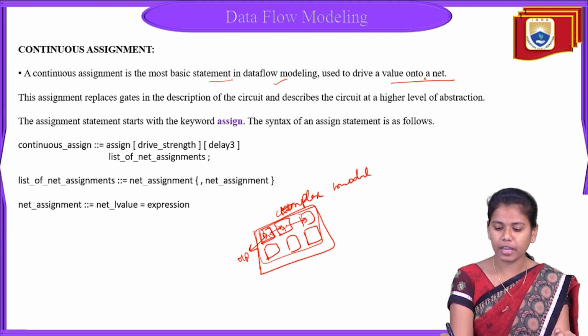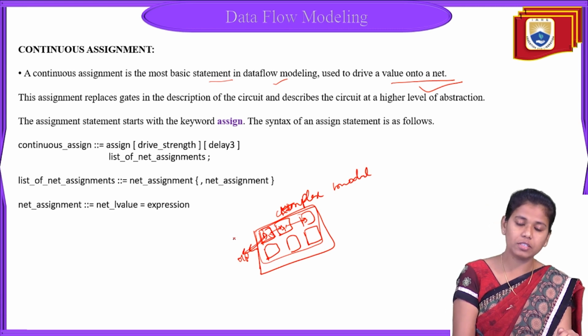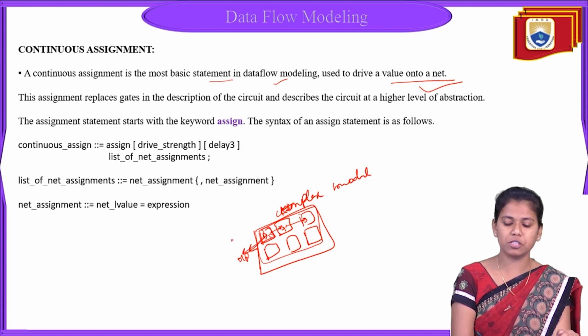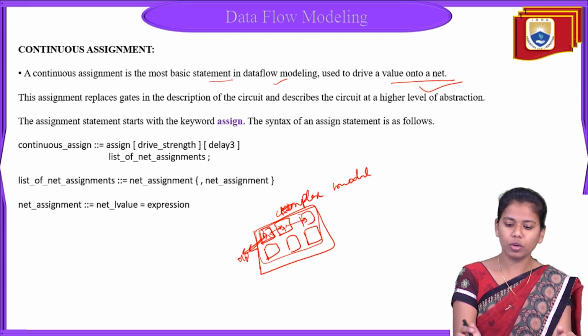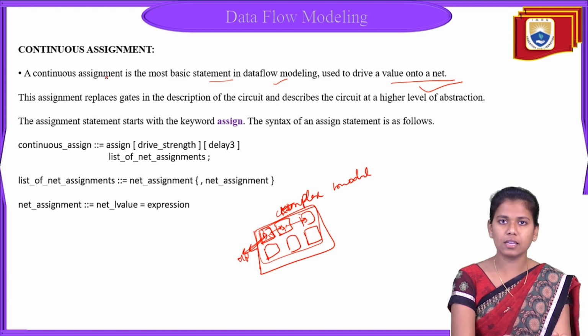It is used to drive a value onto a net. Each and every block has some value specified, though it may be an input value or an output value. So continuous assignment assigns some value onto a particular net.